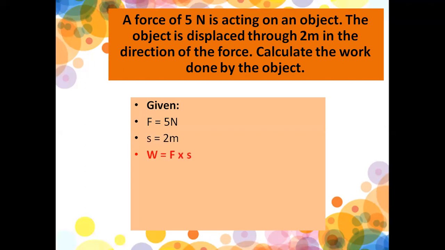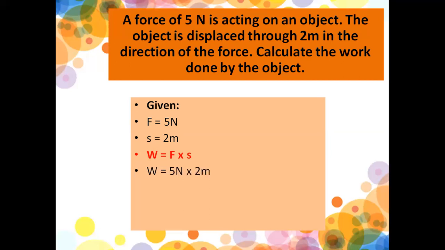And we need to find, and we know that work done is equal to force times displacement. What is force equal to? 5 Newton and displacement 2 meters. So we substitute that.